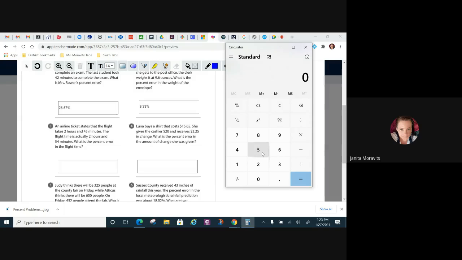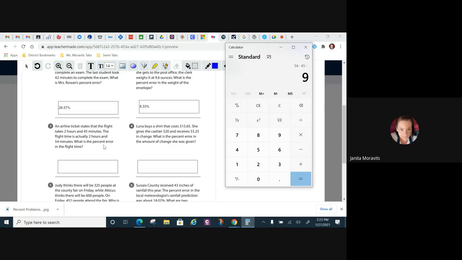You can say 54 minus 45. Now, if it was a different number of hours, you would have to convert it to where they were all the same unit, like change your hours to minutes and then add those and all that good stuff. But because we just differ by a few minutes here, 54 minus 45 is 9 minutes. Okay, so there was 9 minutes difference in the flight.